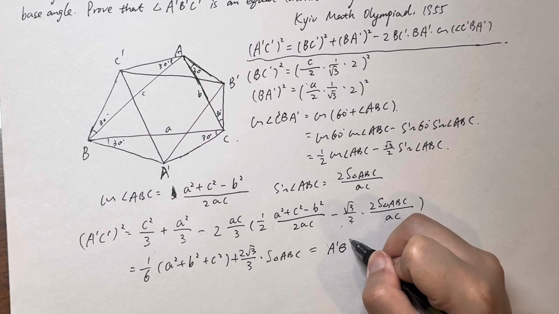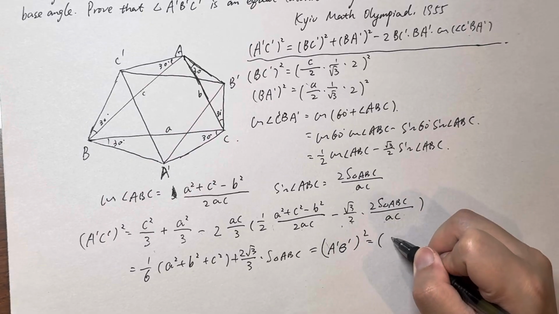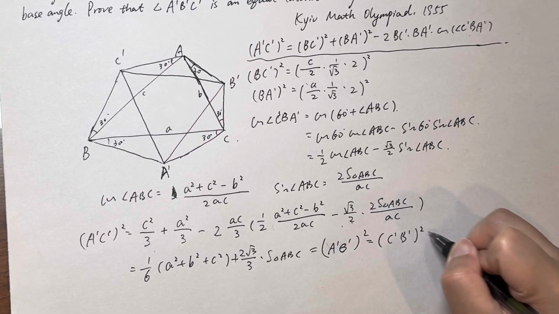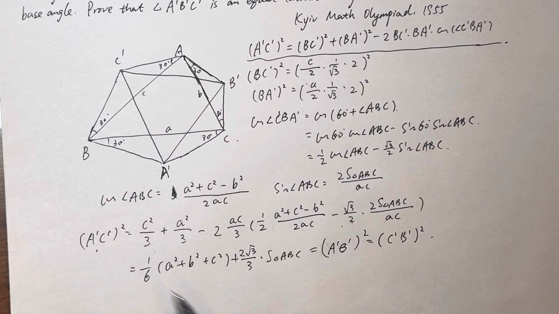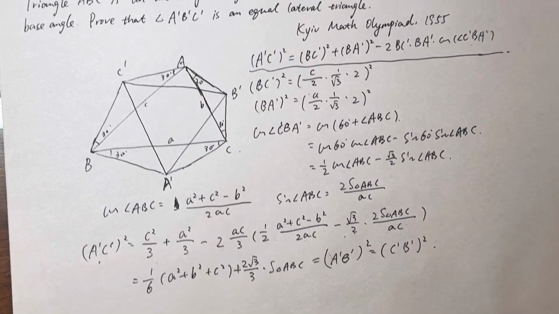A prime B prime squared equals C prime B prime squared, which means A prime C prime equals A prime B prime equals C prime B prime. That means triangle A prime B prime C prime is an equilateral triangle.